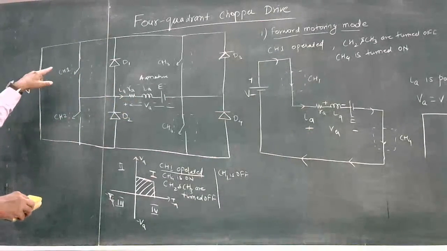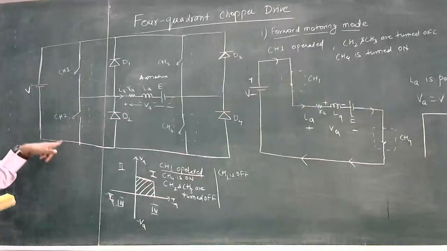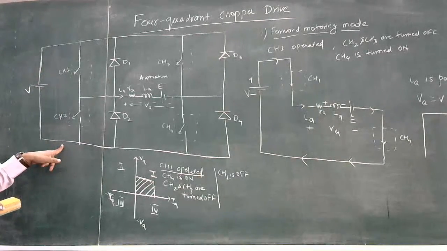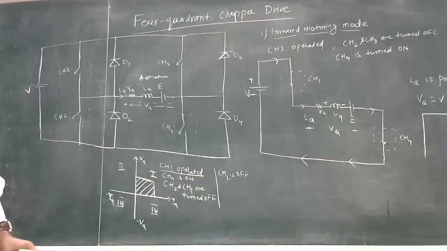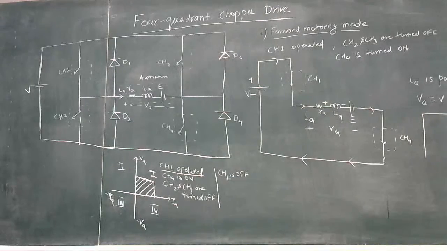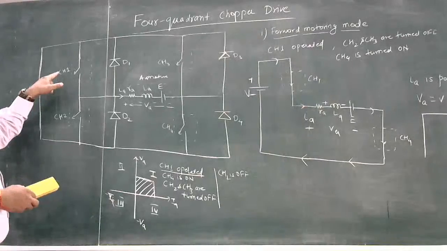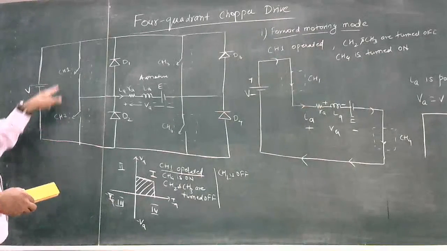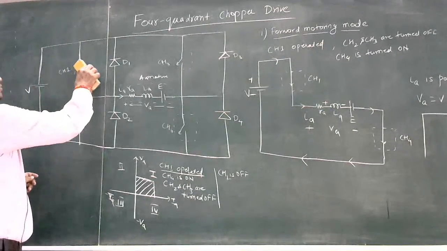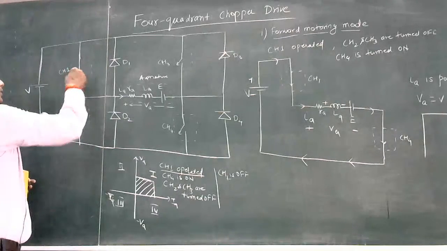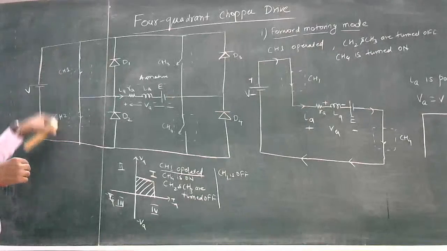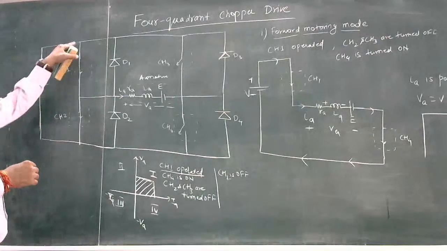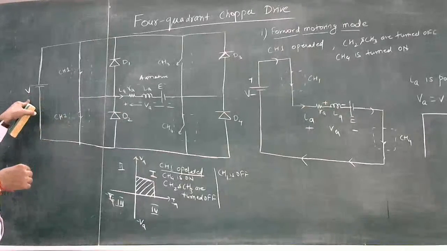One thing: CH1 and CH2 cannot be operated simultaneously, because if CH1 and CH2 are both closed, this will short circuit the supply voltage.